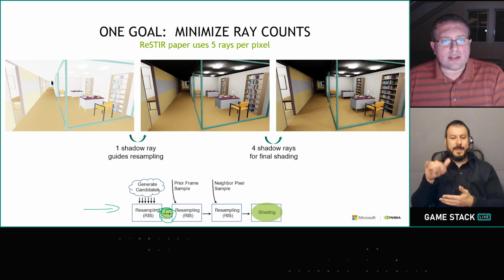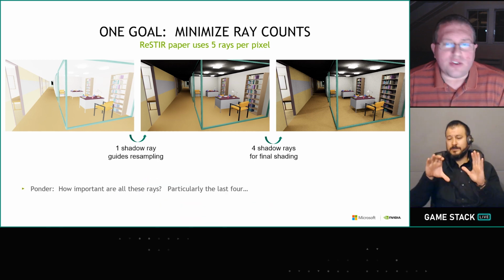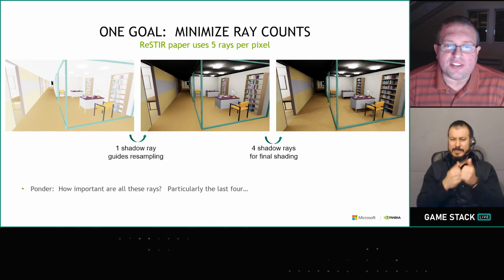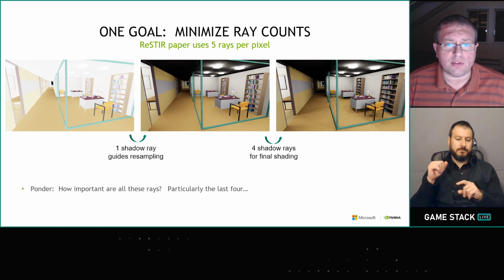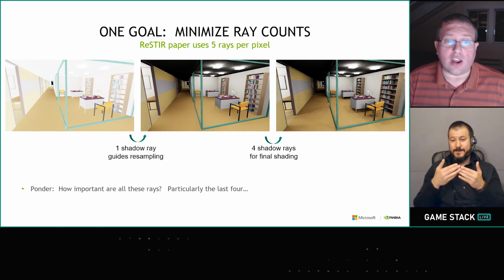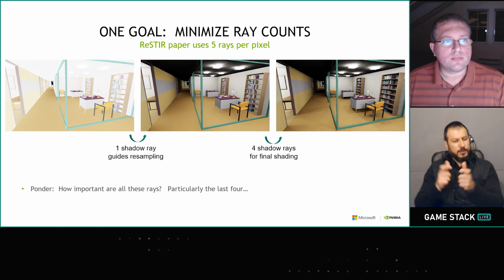Now if you step back a little bit though and look at these 3 images, you might wonder how important are all of these rays, particularly these last 4. This first ray gives a huge quality improvement, but these 4 after are a much smaller relative magnitude, even though the contact shadows are quite important. It's a smaller magnitude change.